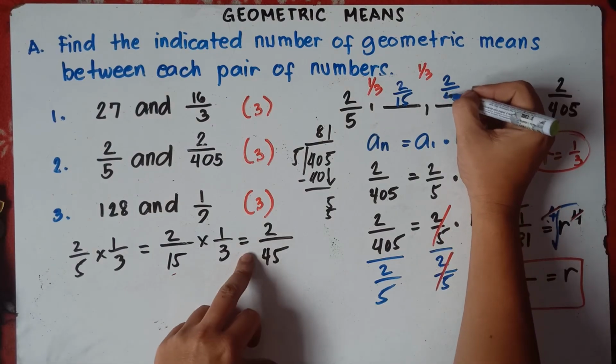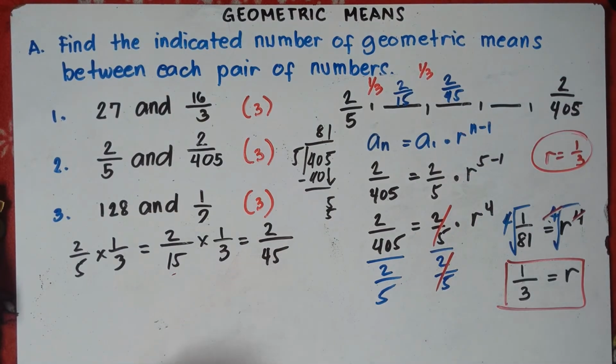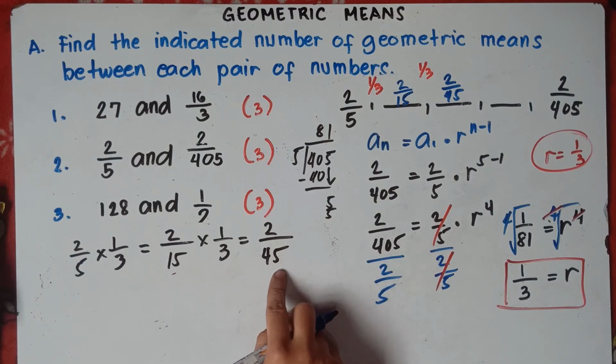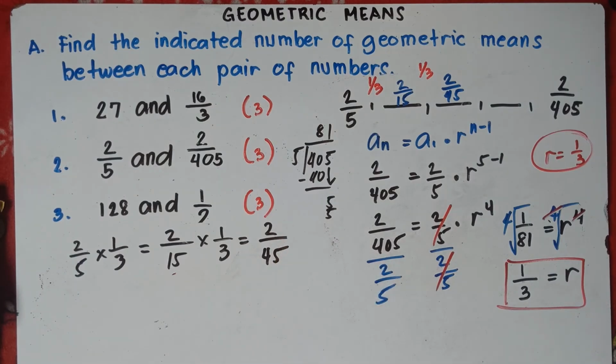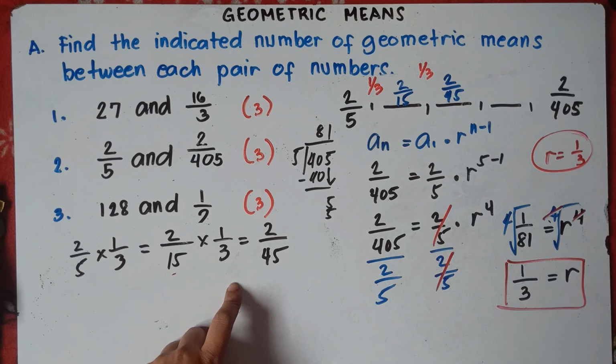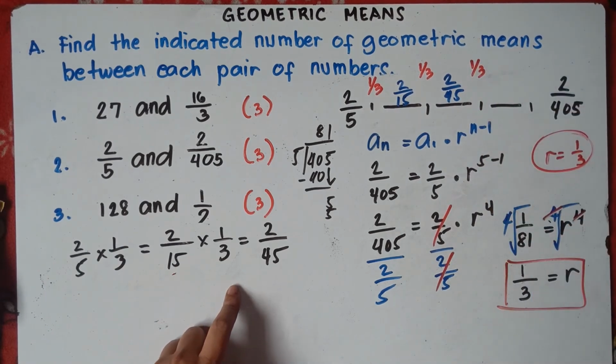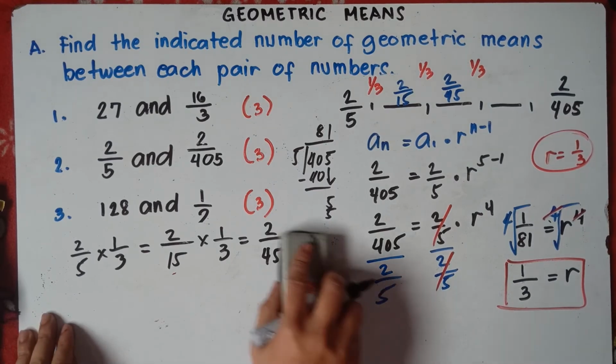Check if we can reduce. If not, that's the answer. We cannot reduce 2 and 45. We cannot divide this by 2. So that's the answer. Let's try the last one. So 2 over 45 times 1/3 for the common ratio.